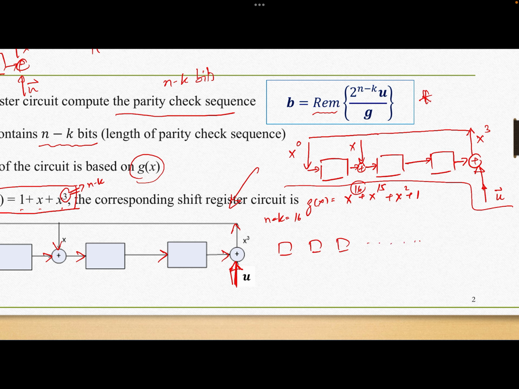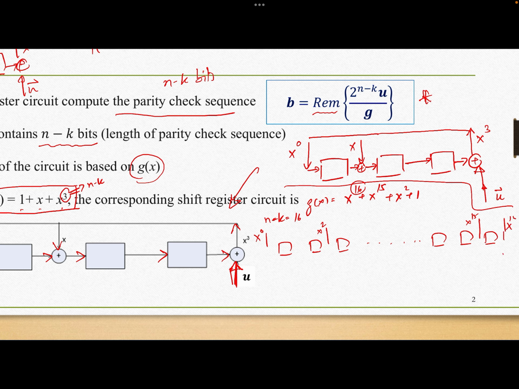Okay, actually we have to draw all of them, but to make it simple. So anyway, this is x to the 0, and you don't have x to the 1, right? You have x squared here, and then you have x to the 15, and x to the 16.